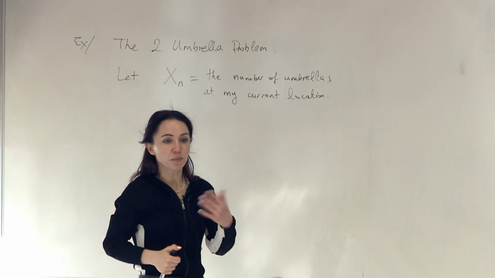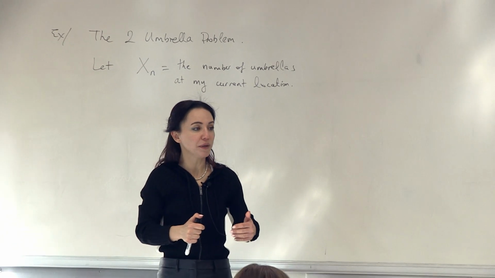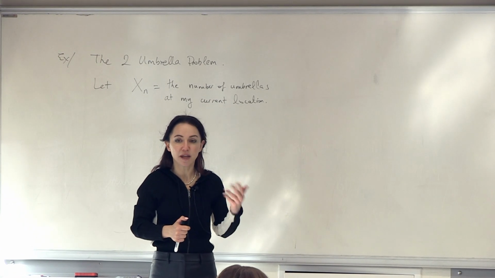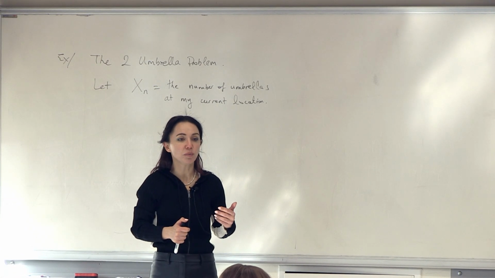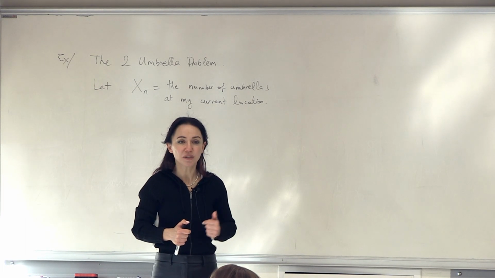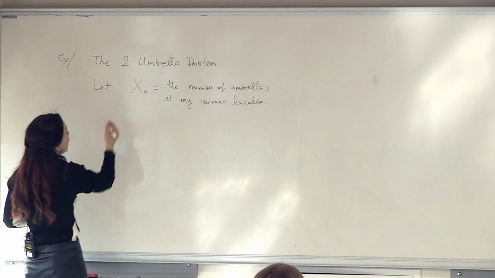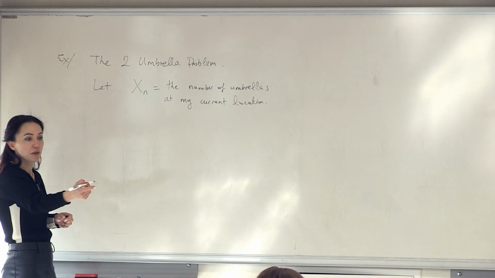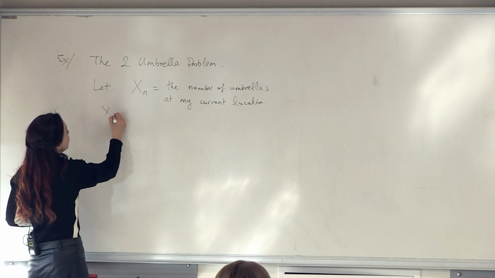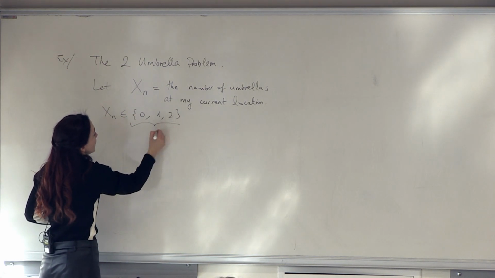Now, given that there is an umbrella in my current location, whether there will be one umbrella or two umbrellas at my next location is determined by whether or not it rains during my trip. So clearly, this is a Markov process. So what are the states then? As Süleyman also said, 0, 1, 2, right? So Xn takes values in 0, 1, 2, and this is my state space.